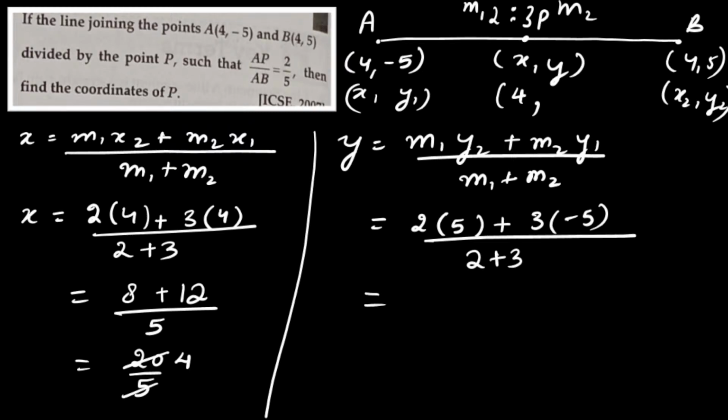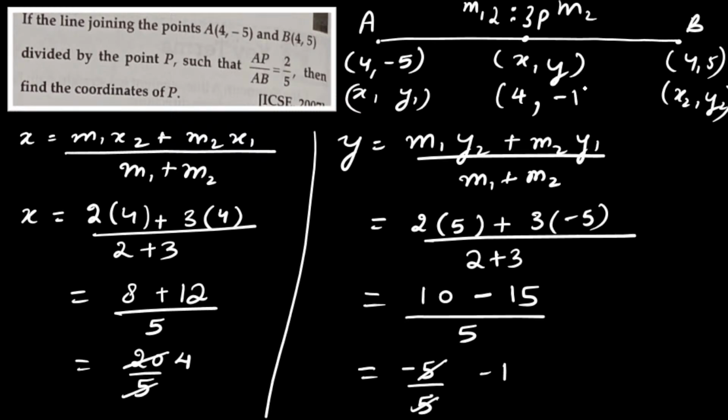So 2 into 5 is 10, plus 3 times minus 5 is minus 15, so 10 minus 15. 15 minus 10 is 5, but the sign goes with the greater number, and 15 has the minus sign, so the answer will have a minus sign. 5 and 5 cancel, and y is equal to minus 1. So P is 4 comma minus 1. Ranjan, Jayashri, Shreyasi, Likita and Tarun have given the answer: the coordinates of point P are 4 comma minus 1.